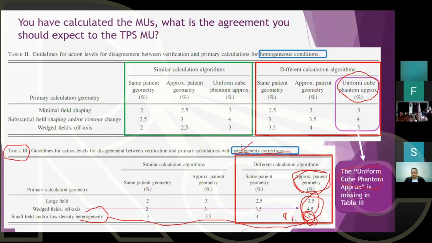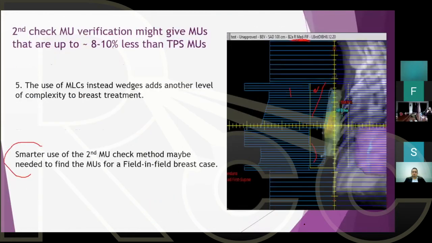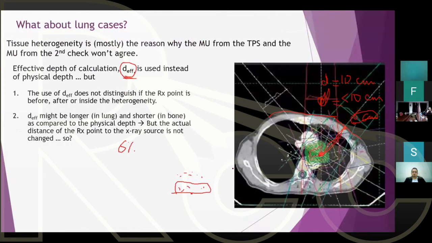Your Excel sheet considers everything a uniform cube. The AAPM, for some reason, did not put this column here. So if I am using approximate patient geometry with heterogeneity correction, I am allowed up to 5%. So let's say my Excel sheet, or my RADCalc or whatever, is assuming cube phantom, not patient geometry.